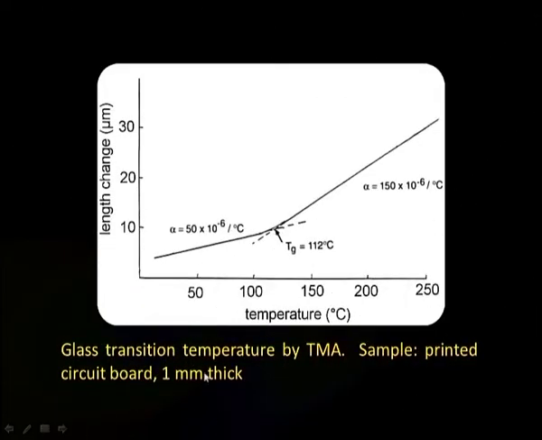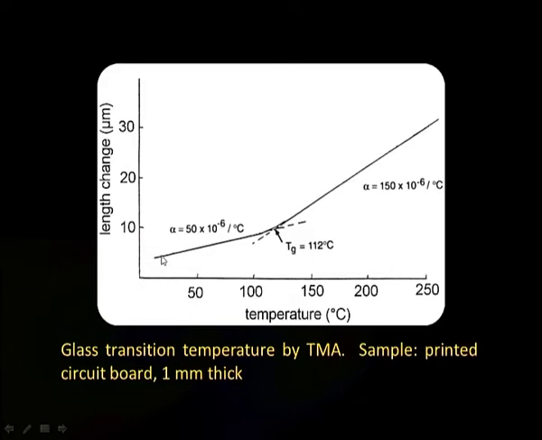Now, for glass transition temperature, we have to use calibration in which, for example, we are taking a printed circuit board which is 1 millimeter thick, and we can see that the change in length with temperature gives a break in the curve.